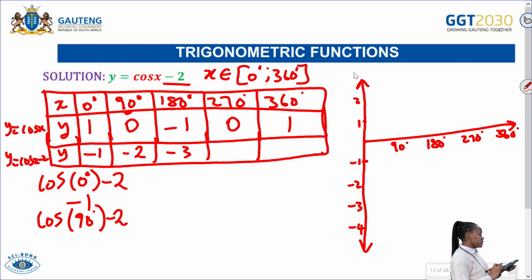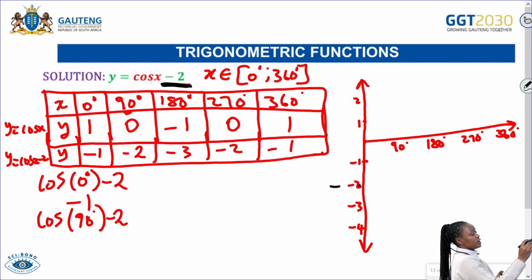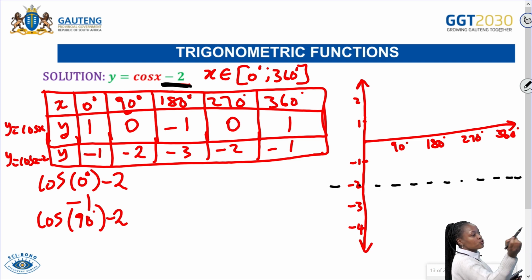At 270, you have negative 2. And then at 360, you will have negative 1. So I am saying to you, you take this negative 2 as your new x-axis. So you were having your x-axis there, but now your x-axis is going to be somewhere there.